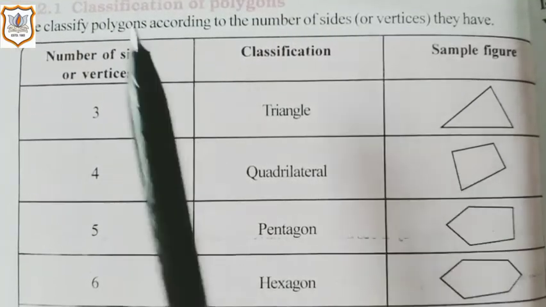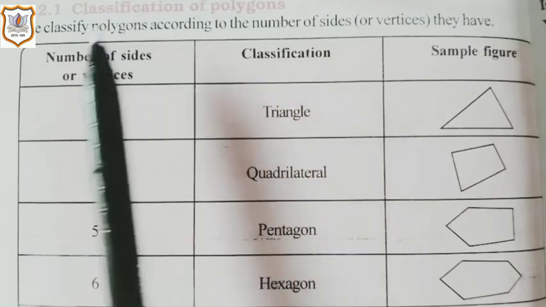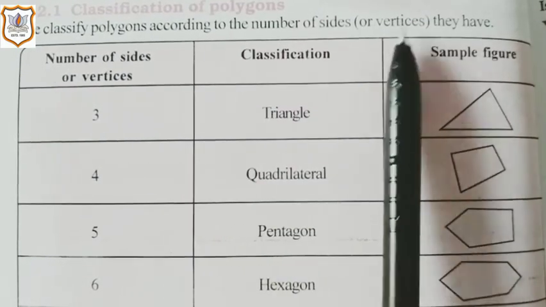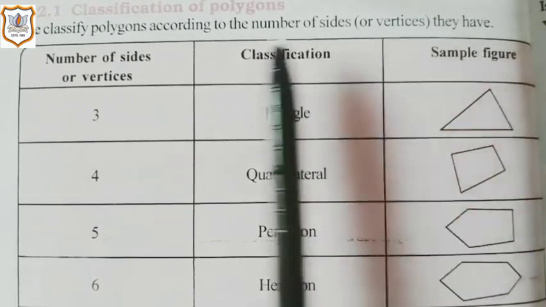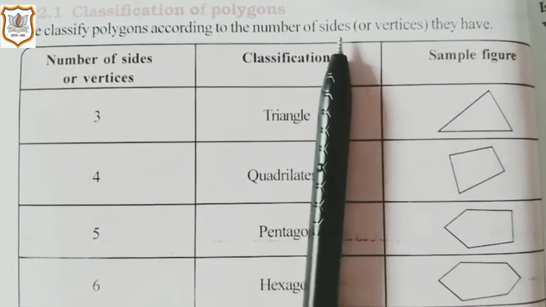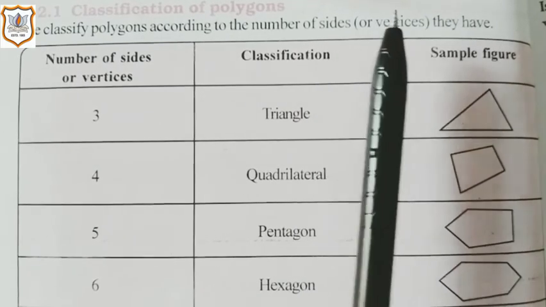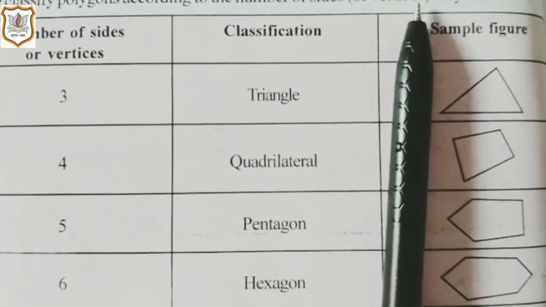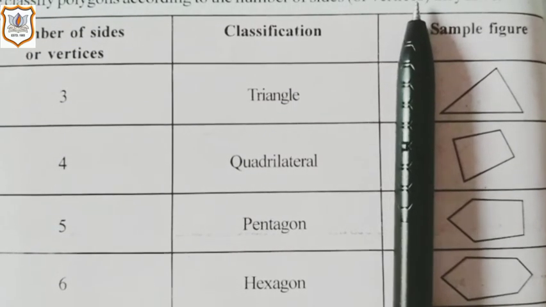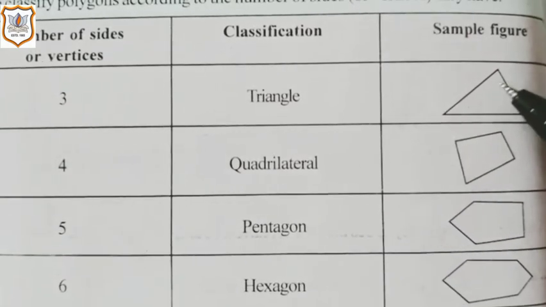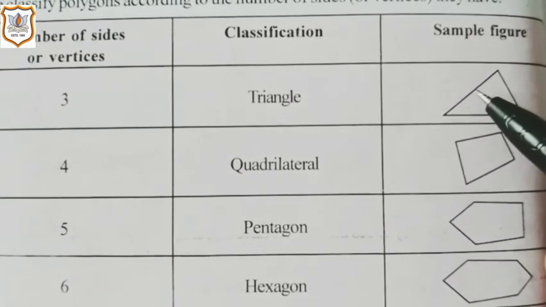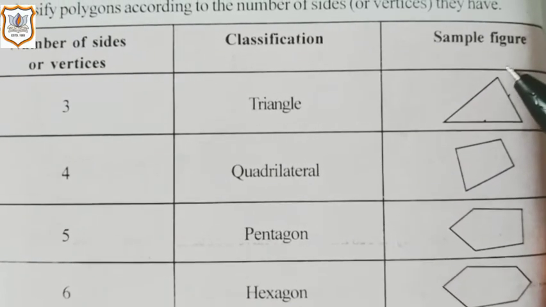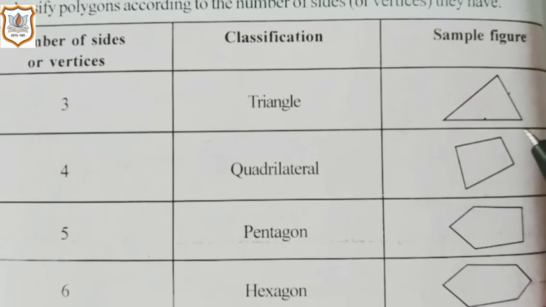Now, classification of polygons. We will classify polygons according to the number of sides or vertices they have. Sides means straight lines in a polygon, and vertices means the points where two lines meet. Clear? Look at here, in this there are sides 1, 2, 3. 3 sides, and vertices 1, 2, 3.